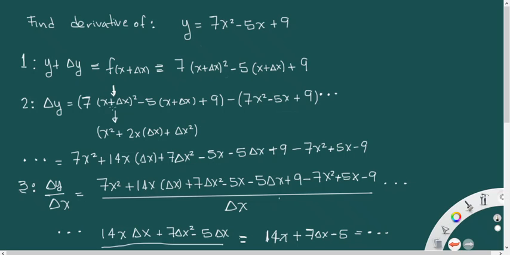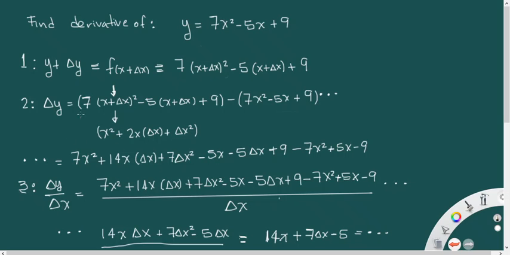So this is the expansion of this. I included this separately so you can see where all these numbers or expressions come from.